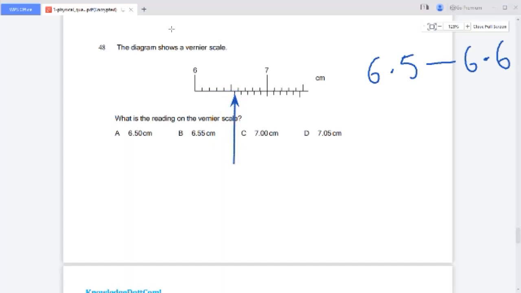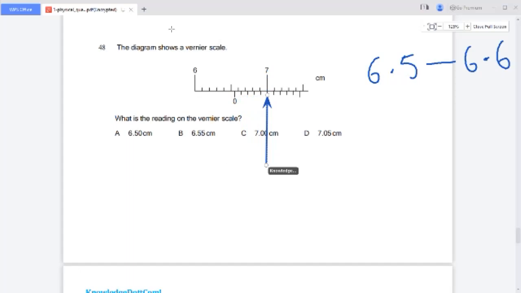Now see this one, this line of the Vernier scale is matching with the main scale. So this line is 0, 1, 2, 3, 4 and 5.